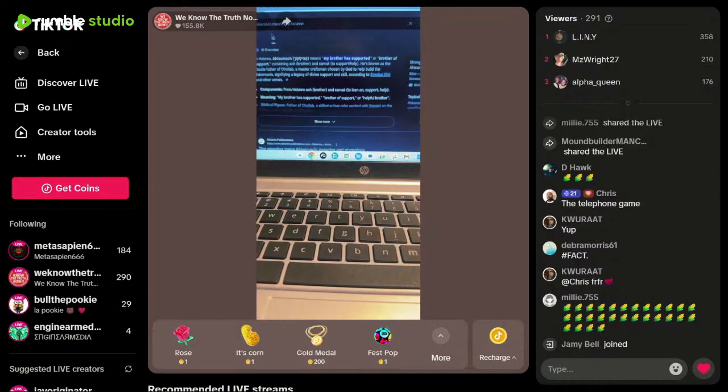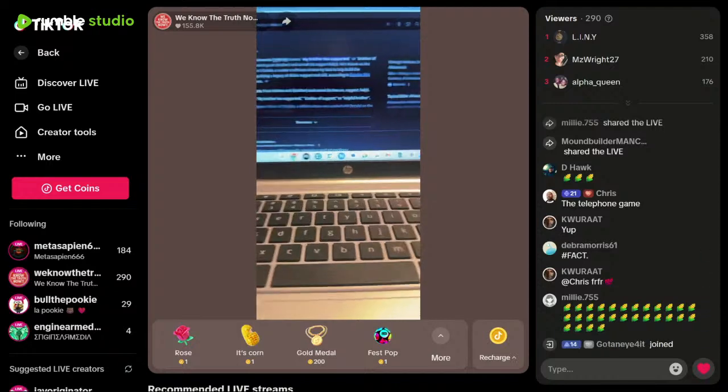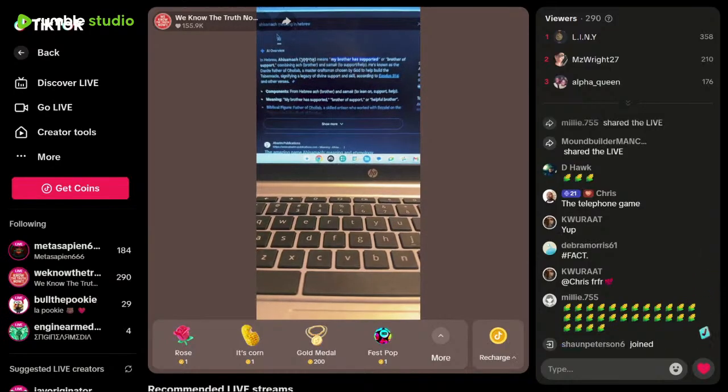Ahisamach, my brother has supported. Combines Ach. This is why I be telling y'all Ach of the Okmulgee River always means brother. And Samach, to support. He's known as the Danite father of Oliab, the master craftsman chosen by God to help build the tabernacle.